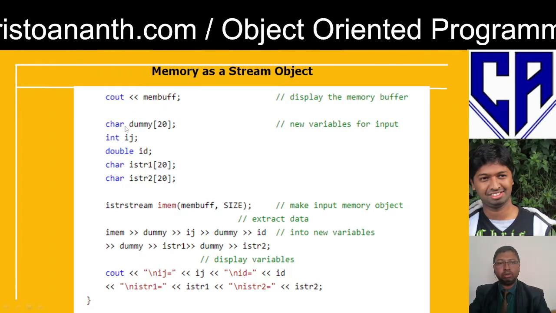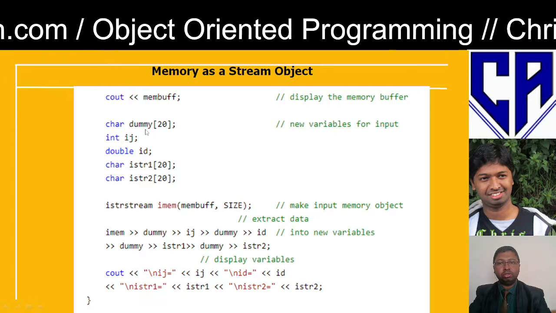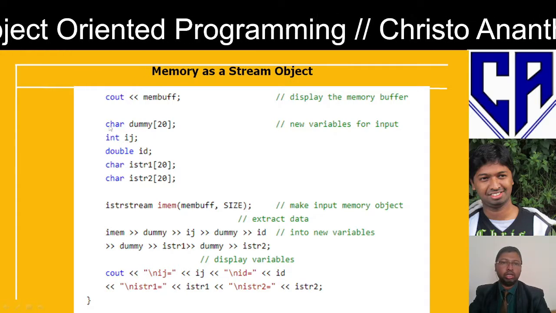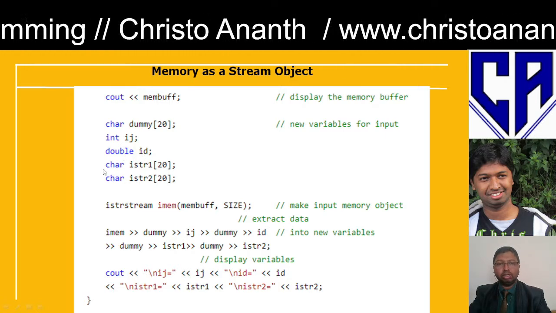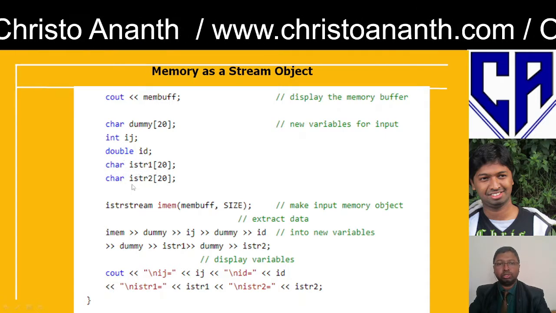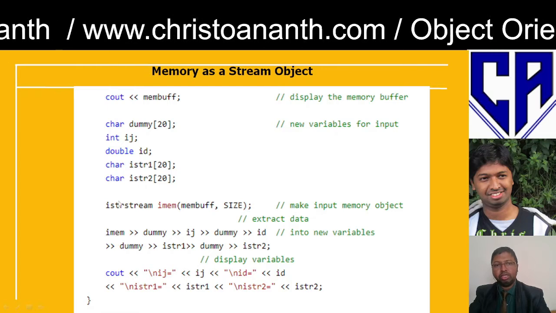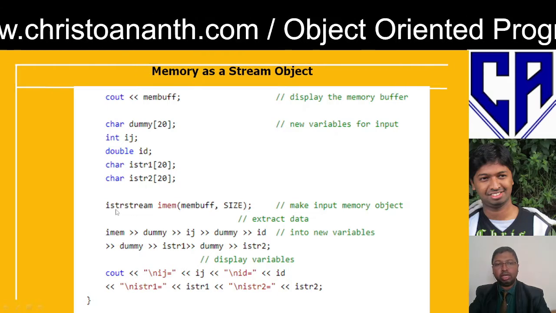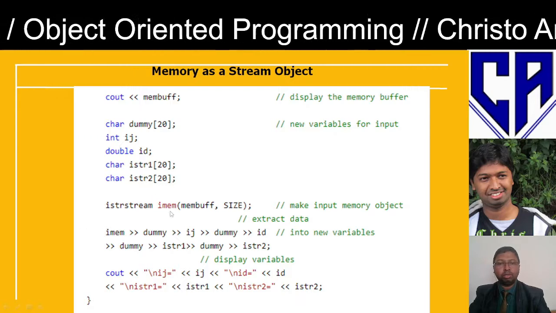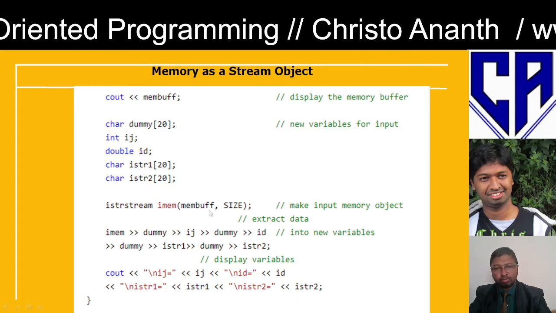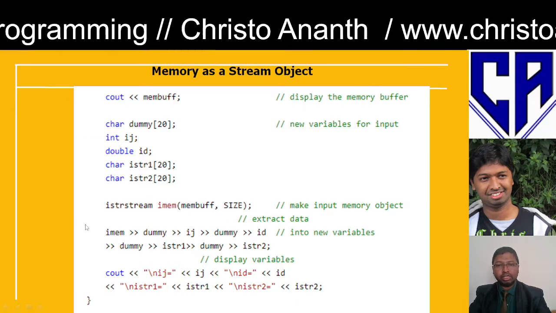So cout membuff, and you are going to have some new variables for the input. So char dummy[20], int ij, double id, and char istream1[20], char istream2[20], and then istrstream imm. So it's going to make this input memory object, membuff comma size, and it's going to extract the data into the new variables.